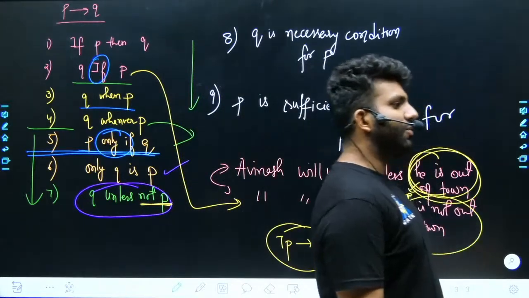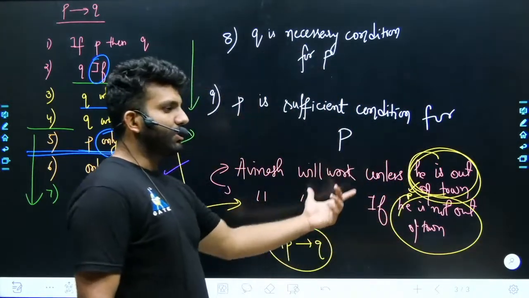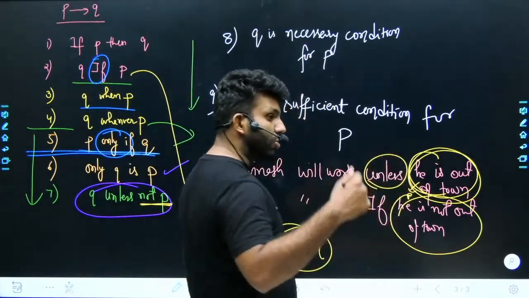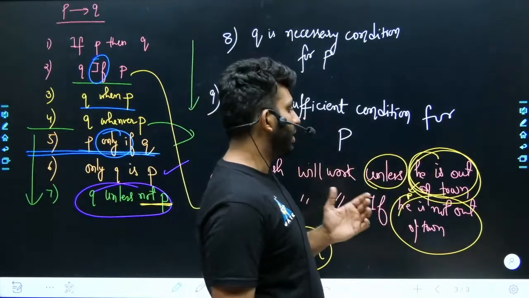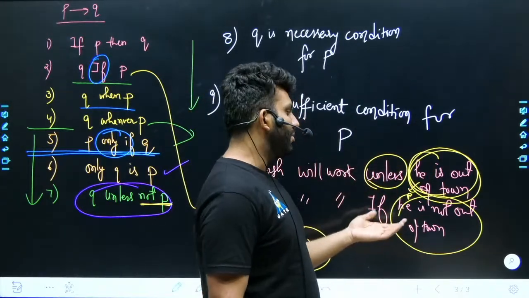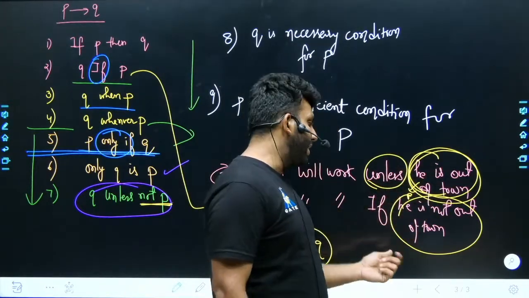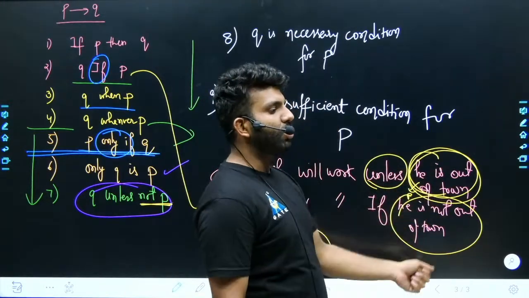Is it clear? When I'm writing this thing and this thing, both of these are the same thing, and by default with unless I assume there is a not included. If I convert this to this, that means they are similar. He is out of town unless he is out of town, and if he is not out of town, both are one and the same thing.